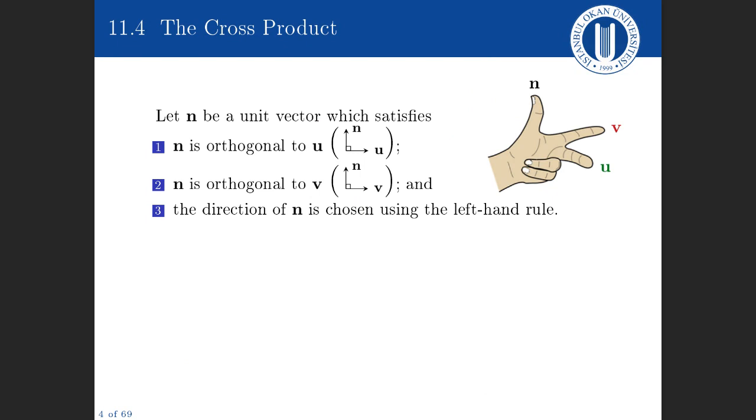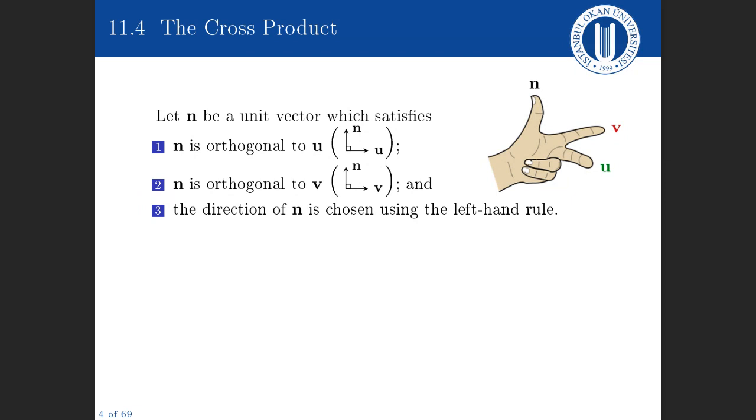So more precisely, let N be a unit vector which satisfies three rules. We want N to be orthogonal to U. That means that the angle between N and U will be 90 degrees.